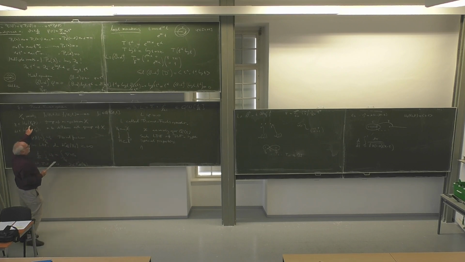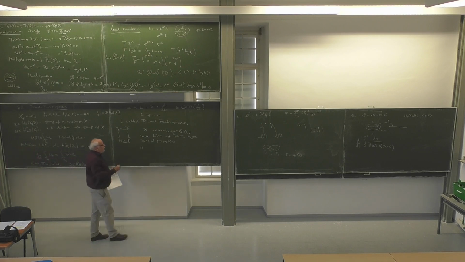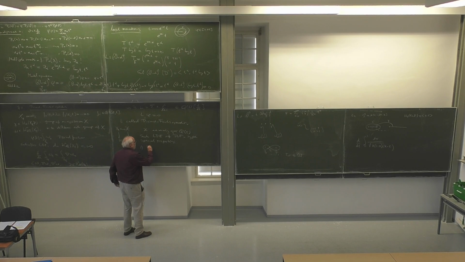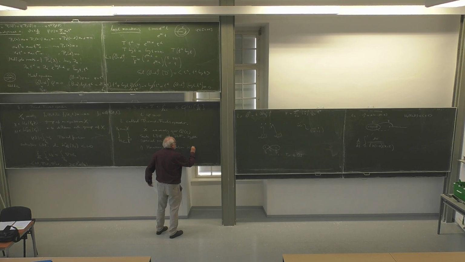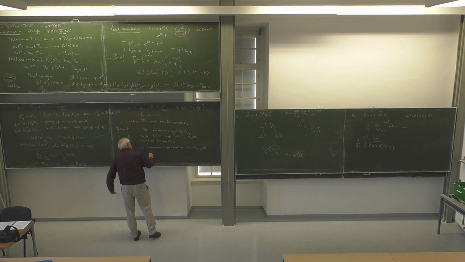This homology group is really a lattice, so this is Z to the power something. It's a lattice. And this means that the monodromy representation is conjugate to an integral one.